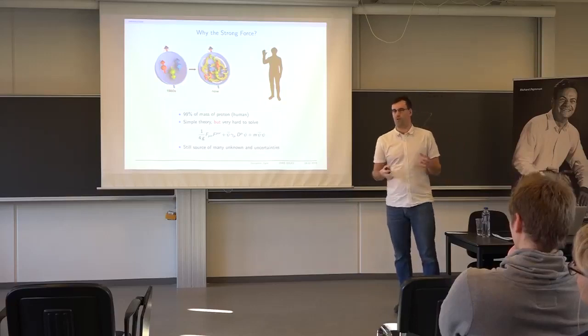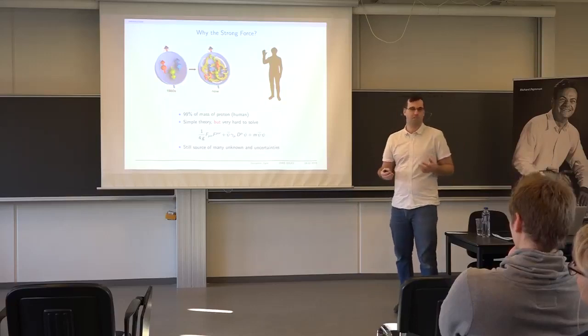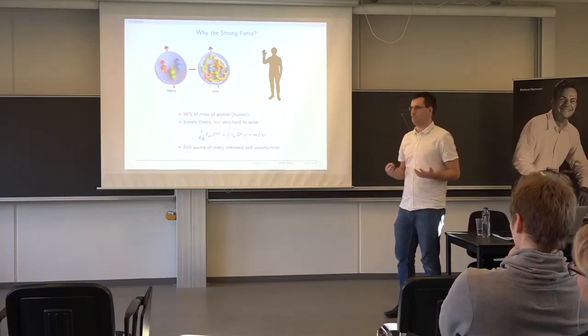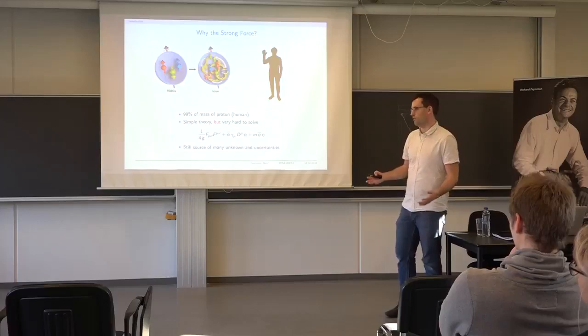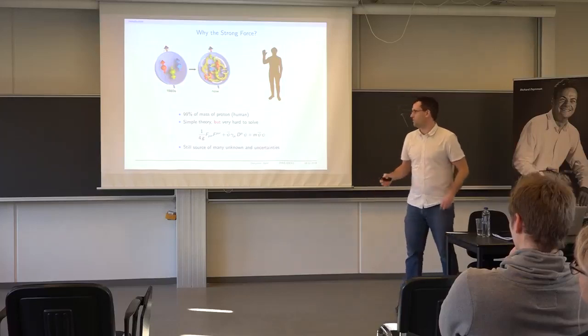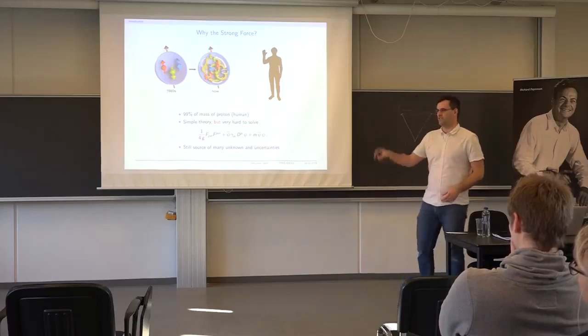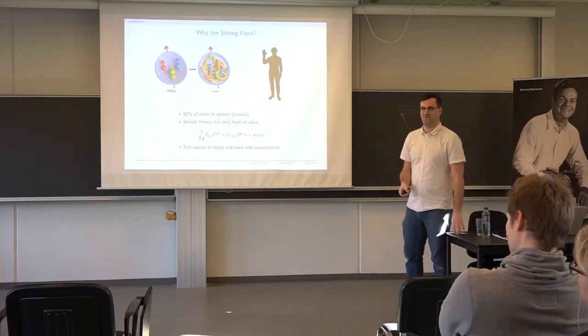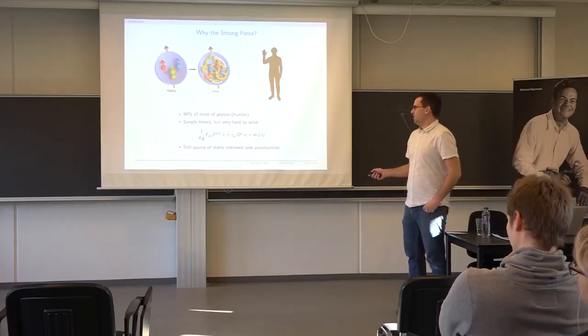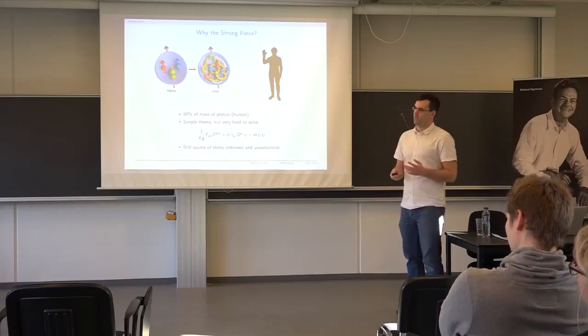So 99% of all the mass of a proton, and of us basically, is given by the strong interaction. So if you step on the scale and realize you gained weight after Christmas, 99% of it is due to the strong interaction.